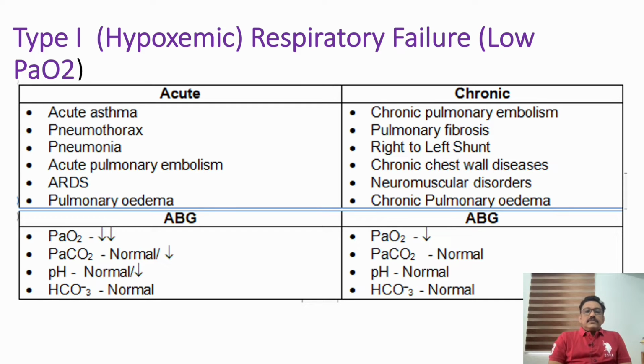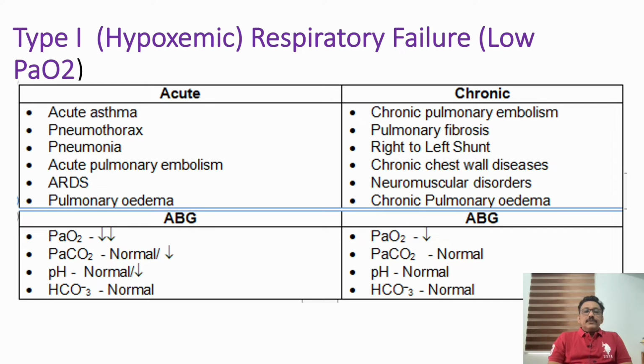Now the chronic process, again the same conditions, just slightly older. That means after 1 or 2 days, this clinical profile will be almost similar. But after some time we will see what happens to this type of respiratory failure. Initially the acute and chronic process will be almost the same.